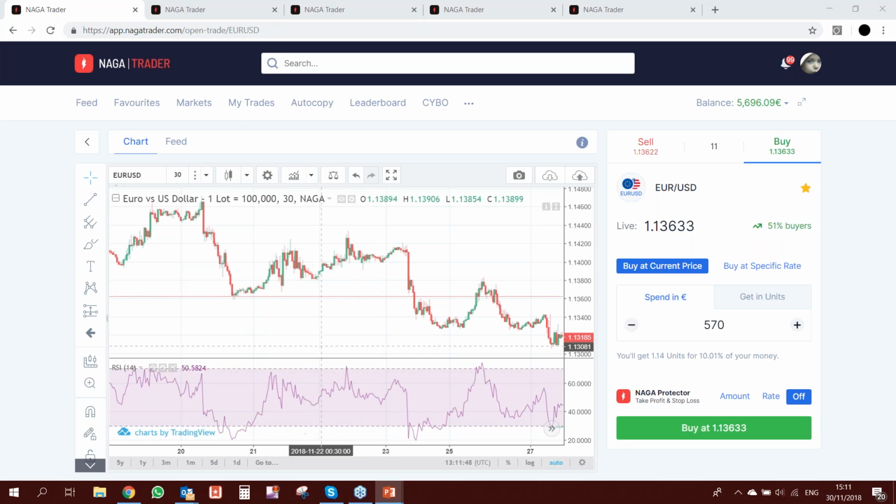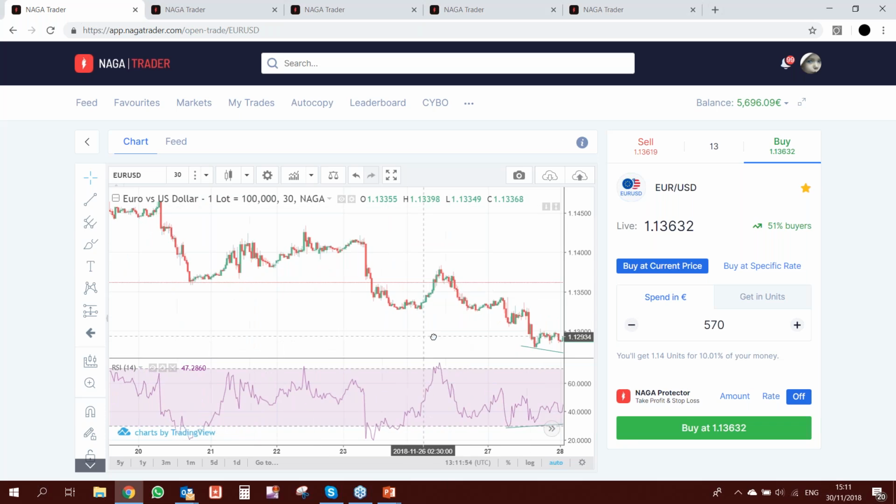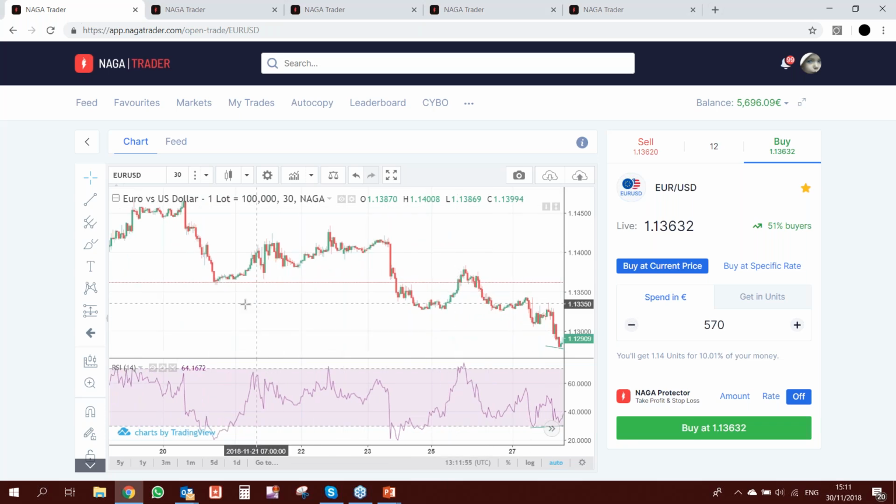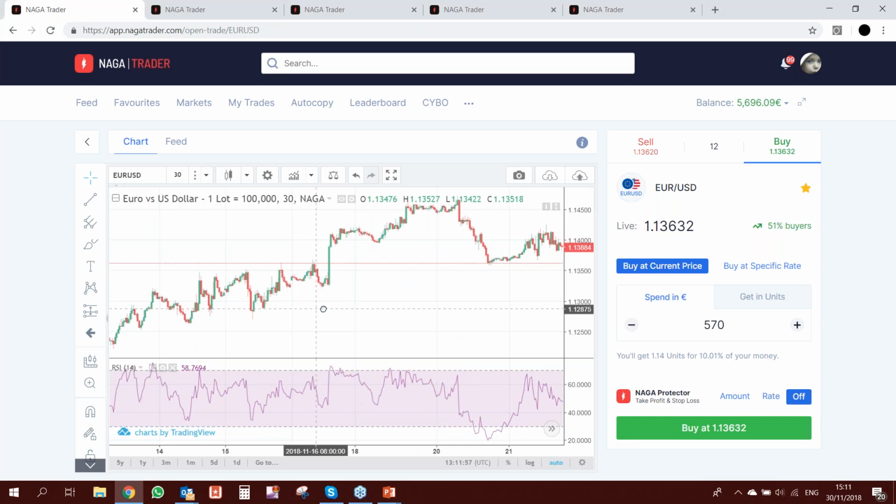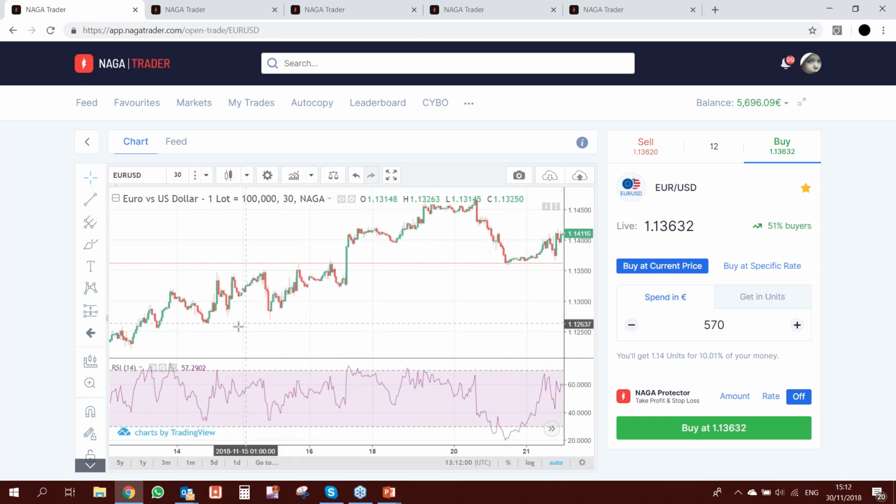Now we have the overbought and oversold, as we stated before. For example, if we go back slightly, we can see the euro dollar trading on a steady uptrend. Now we tend not to apply the oscillators during trends.